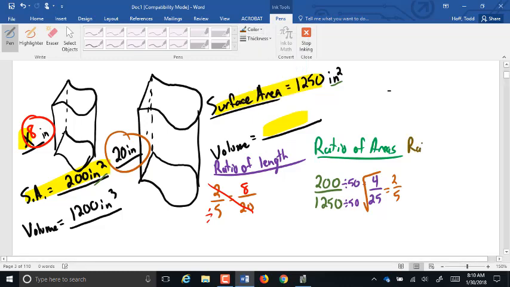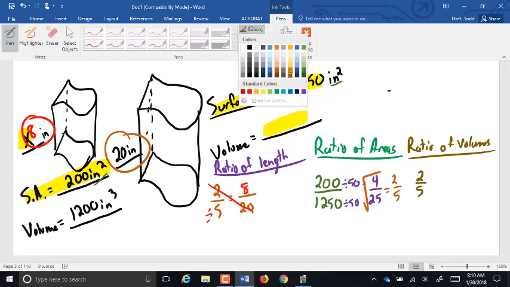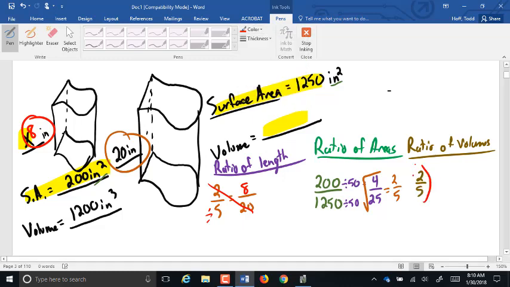You okay there? To get my ratio of volumes, I'll take that 2/5 and cube it. 2 cubed is 8, and 5 cubed is 125.